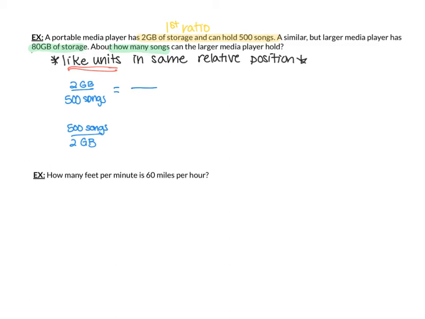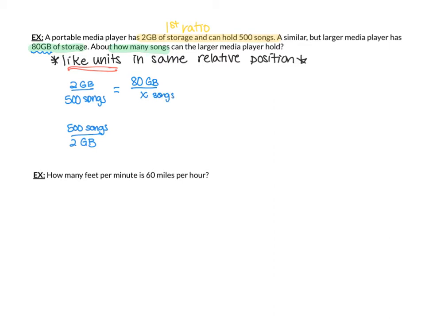So if I have 80 gigs of storage, that needs to go in the top because the 2 gigabytes is in the numerator on this first ratio. And when it says how many songs, I don't know how many songs, so I'm going to call that X. So X number of songs.